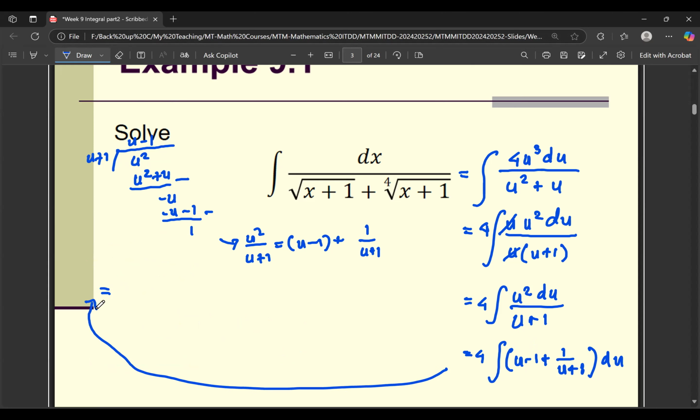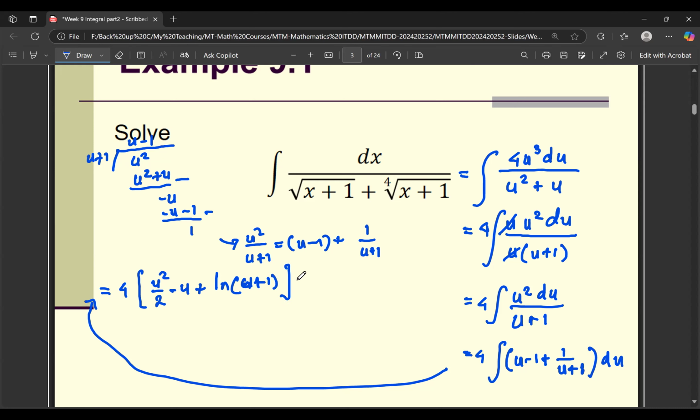I write here, this will be 4 times the integral with respect to u: u square divided by 2, minus u, and the natural logarithm of u plus 1.